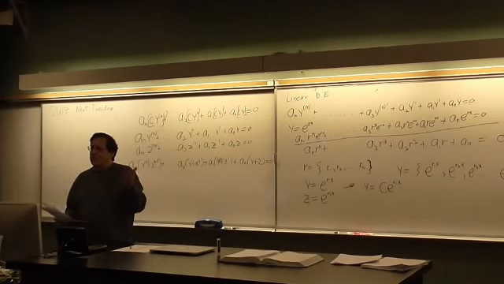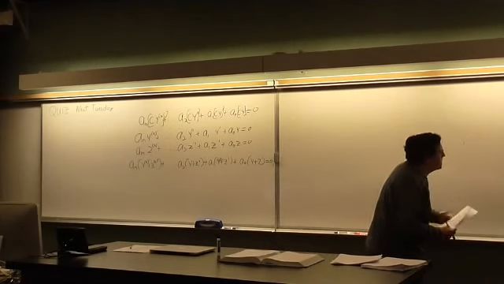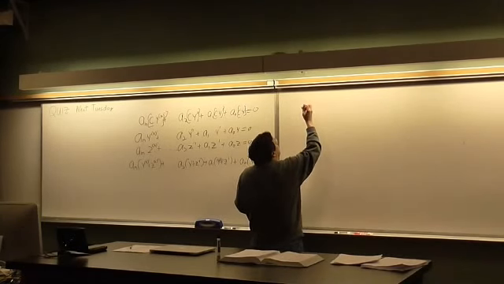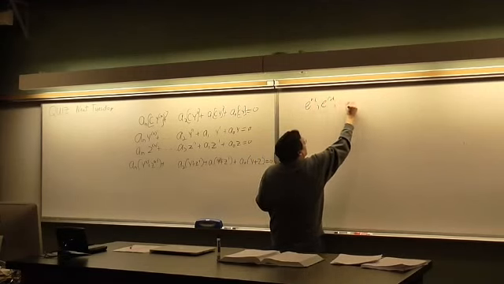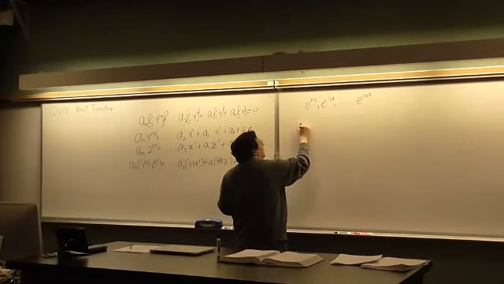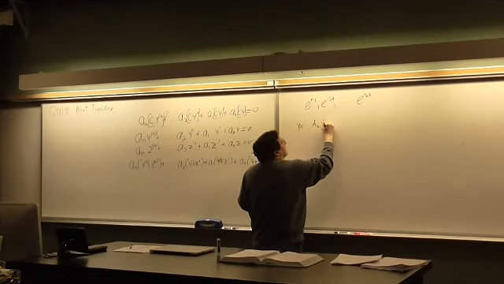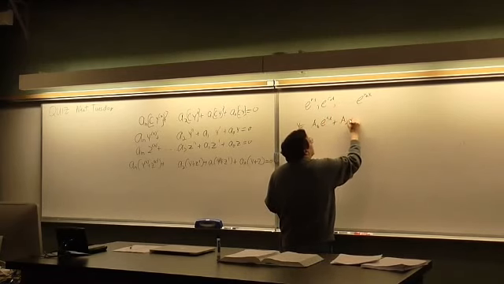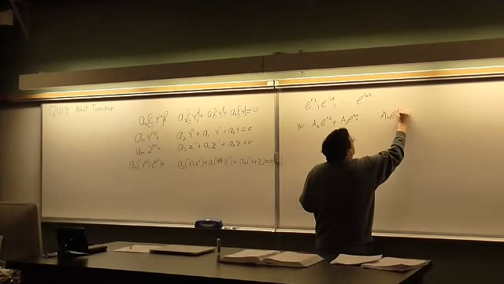In fact, if I have a series of solutions, any linear combination, that is, if I have a set of solutions, e to the r1x, e to the r2x, e to the rnx, and y equals some constant a1 e to the r1x plus a2 e to the r2x plus all the way up to an e to the rnx.